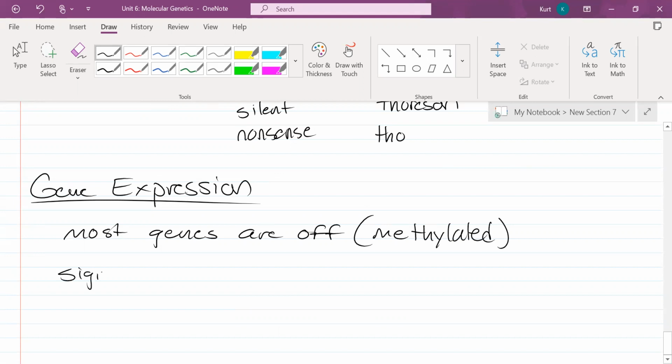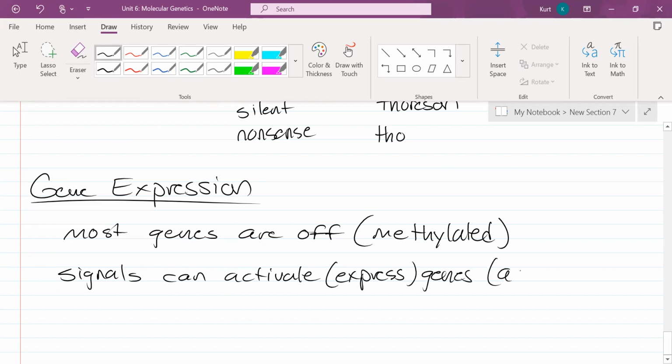Signals can activate them, or we actually say express them. We would call this acetylated. If you said demethylated, that would also be fine.